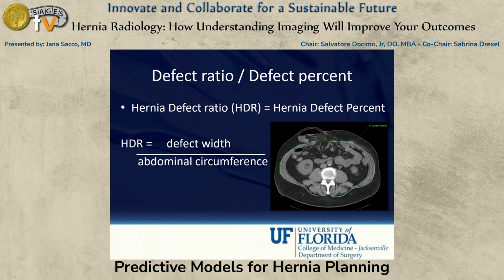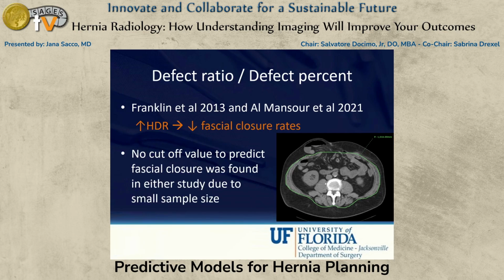Then we get into some more math and more ratios. These are things that I think are a little easier for us to calculate in our clinics on a daily basis, and to look at and see if they will affect our practice. So the hernia defect ratio is the same as the hernia defect percent, just described by a couple different people. And again, it's using that defect width and the entire circumference of the abdominal wall.